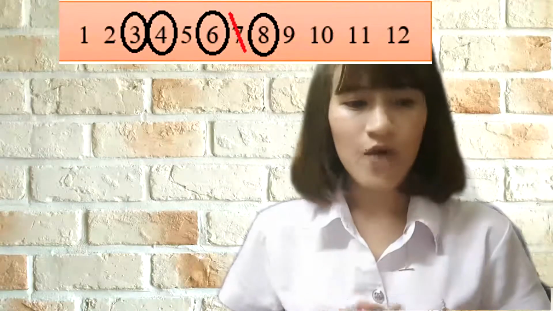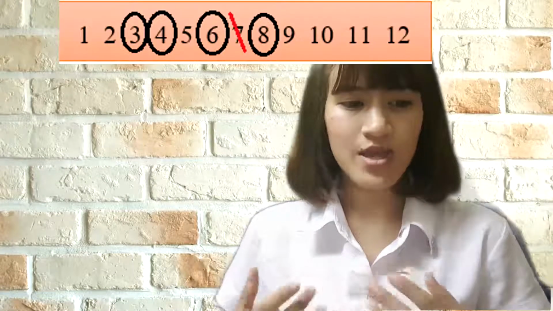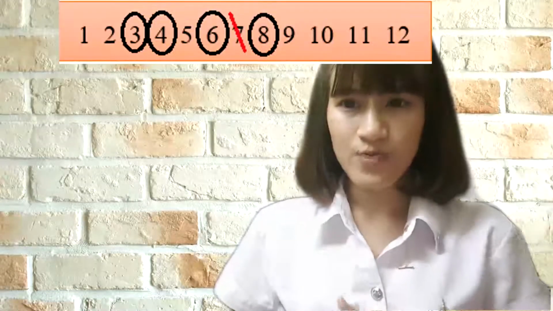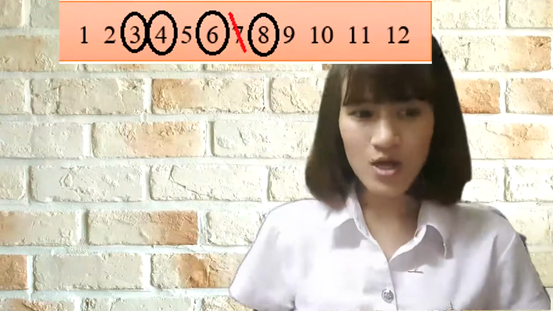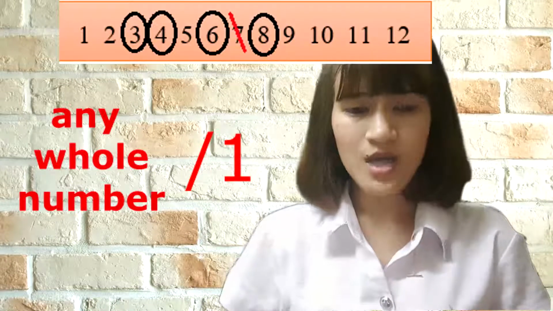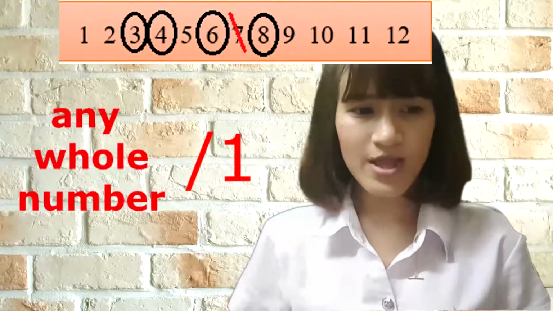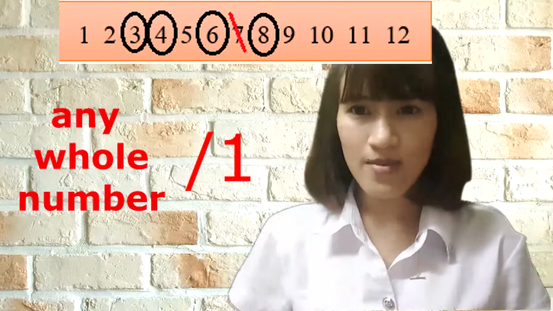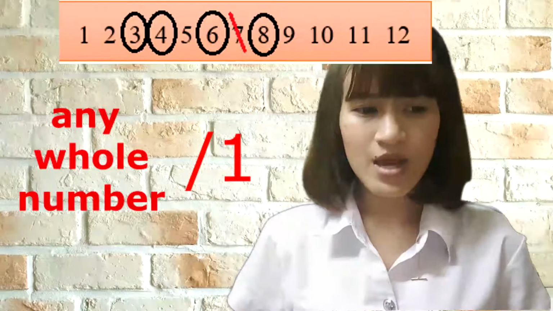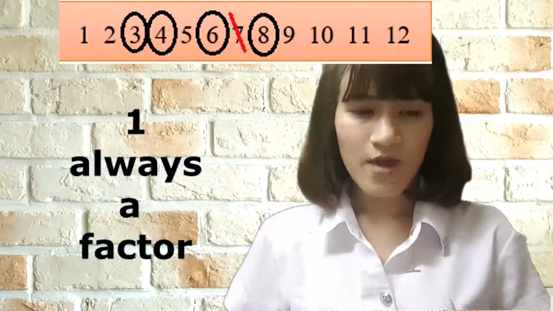Okay, now for the numbers we haven't tested yet, let's start with 1. Well, of course, 1 is a factor because 1 will divide evenly into any whole number. So 1 is always a factor.